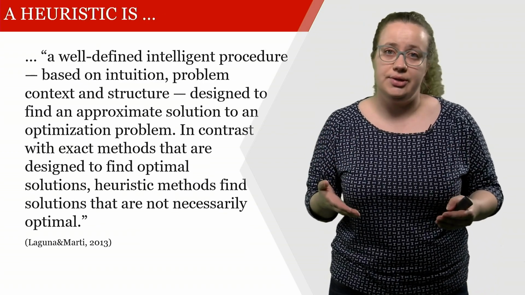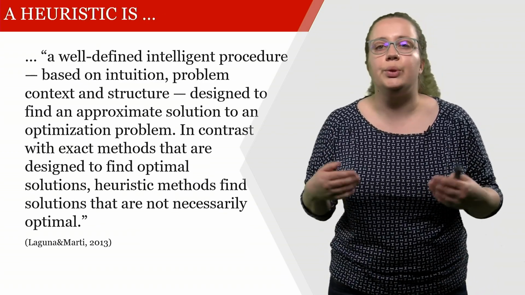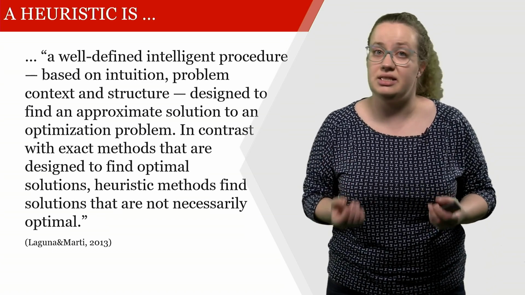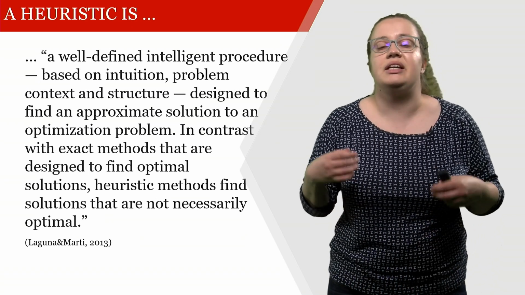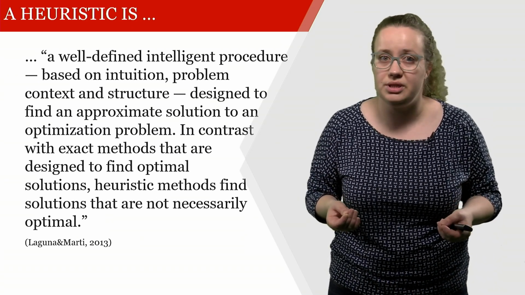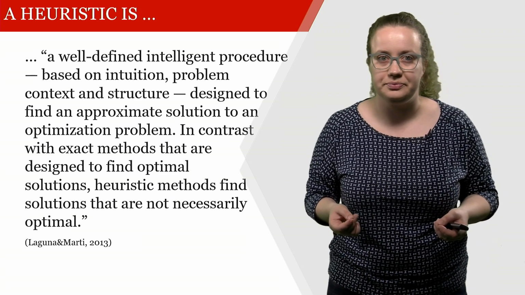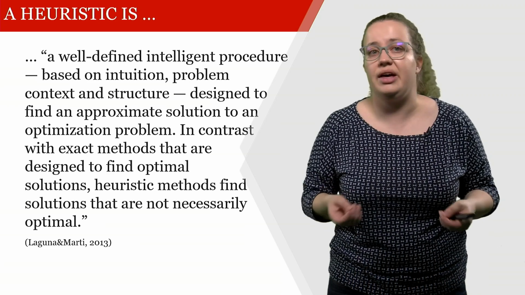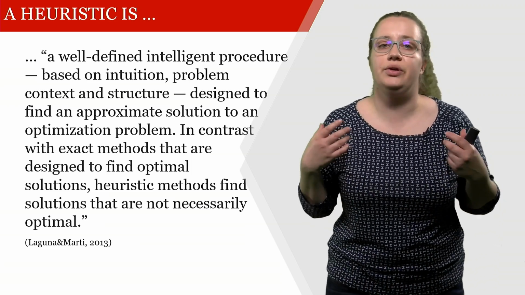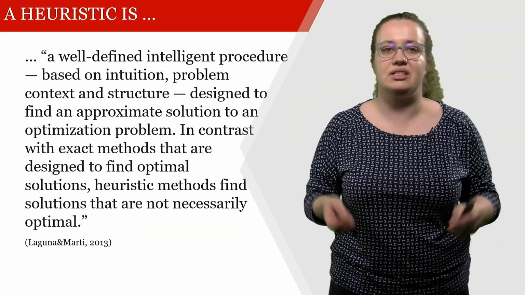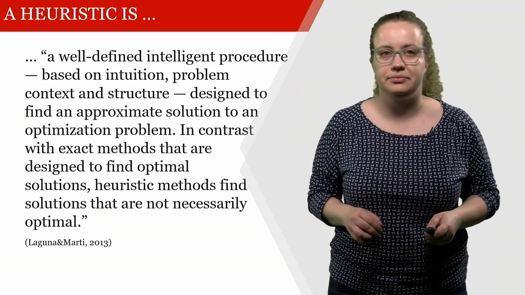So now we're going to look into a heuristic for solving this problem. A heuristic is a well-defined intelligent procedure that allows us to find an approximate solution to an optimization problem. We also have exact methods. Those find optimal solutions, but heuristics may not actually allow us to find an optimal solution, but just a solution.